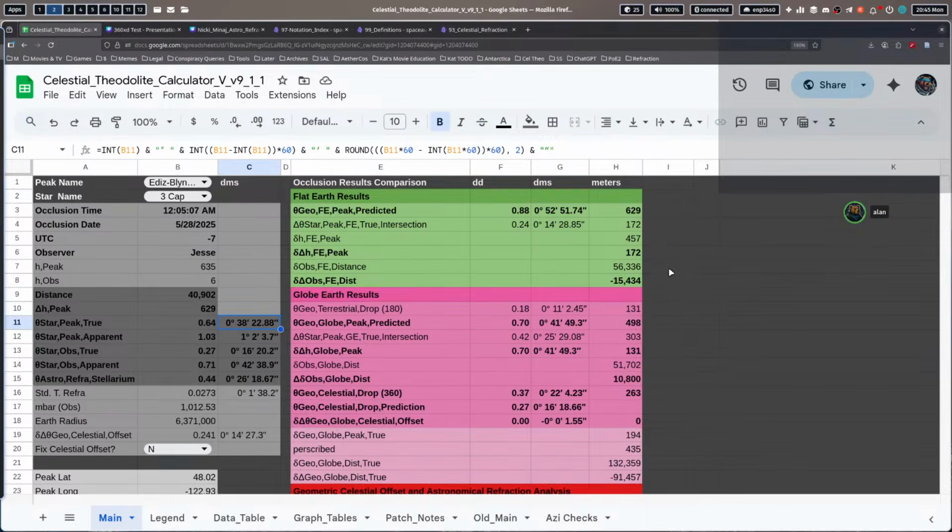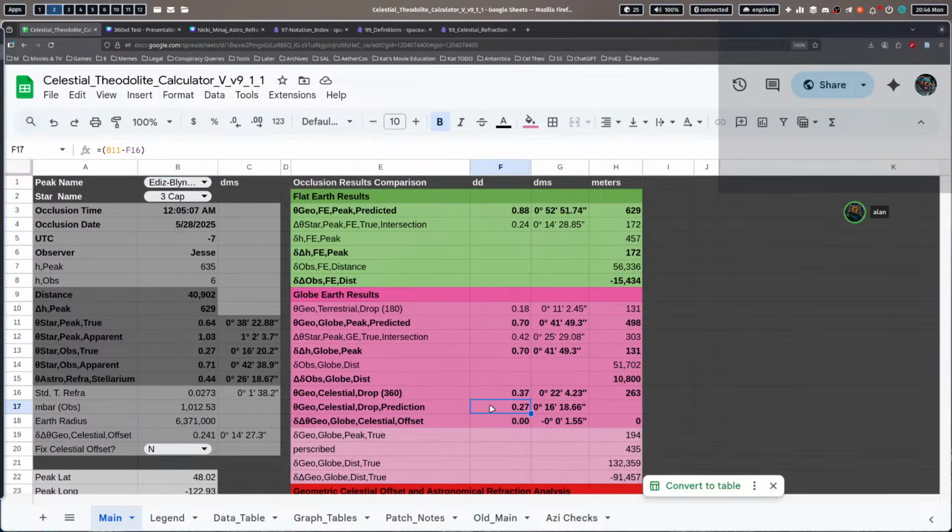So we're very close in elevation there, but then distance wise, we're off by 5,000 and the globe got 10,000 on that one. So it was closer, but that's in reference to, let's see, what's it called? The angular separation between the offset there.